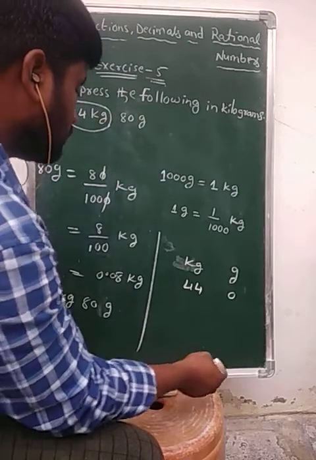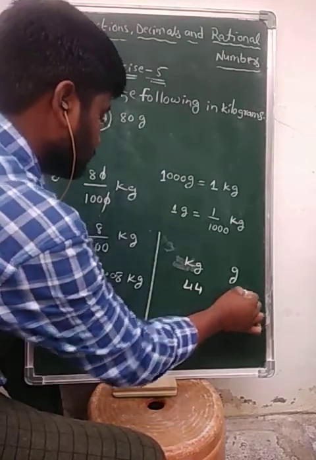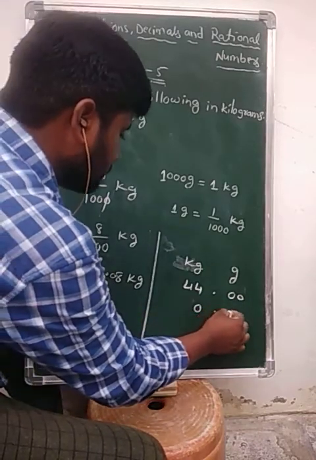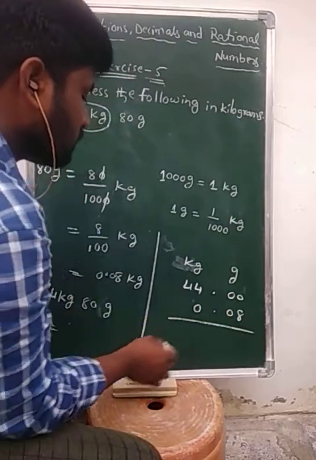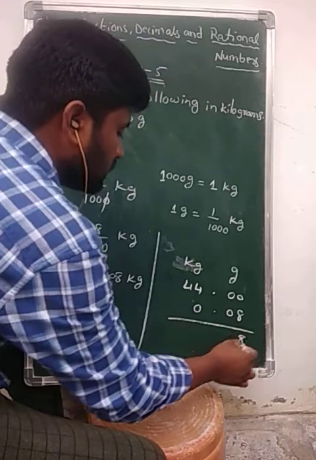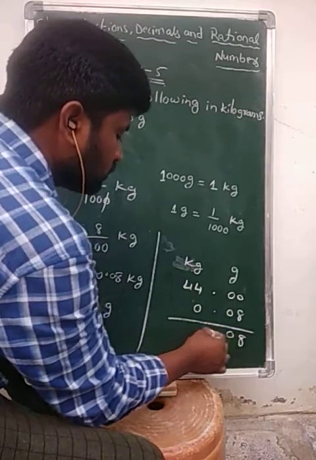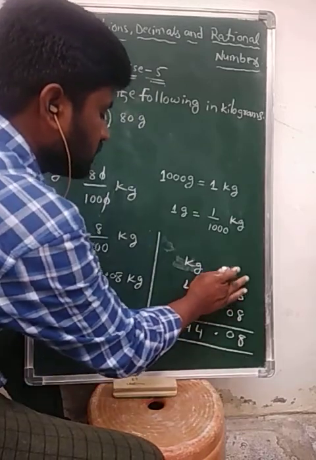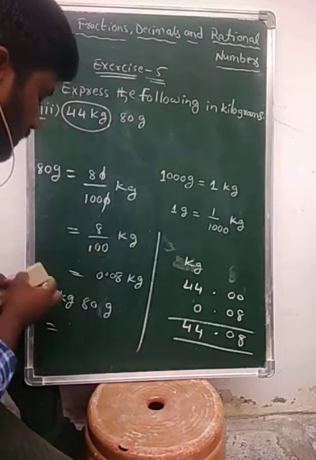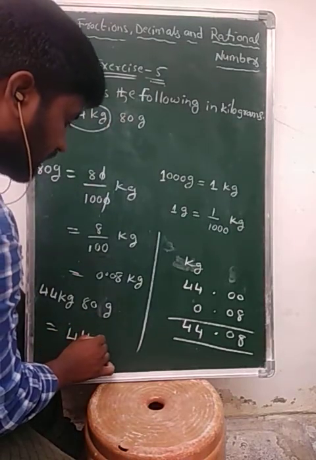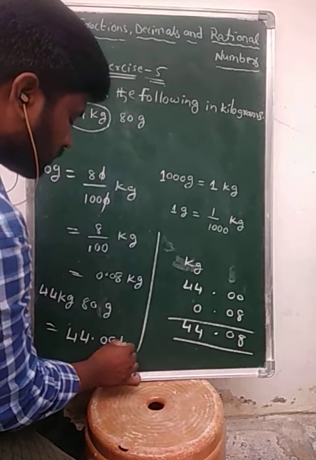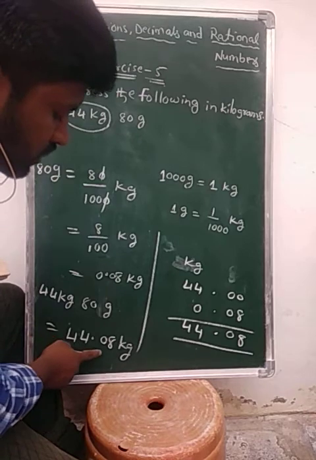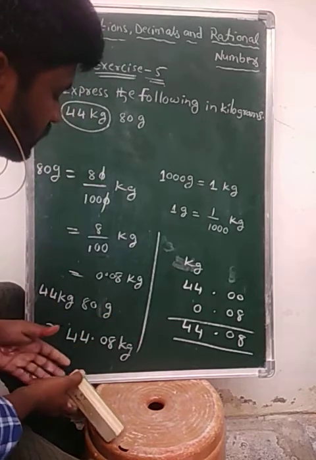Next here also, 0 kilograms and 0.08. By adding these two, we get the total, 44.08 kilograms. So 44 kg 80 grams is equal to 44.08 kilograms. Like this you can express.